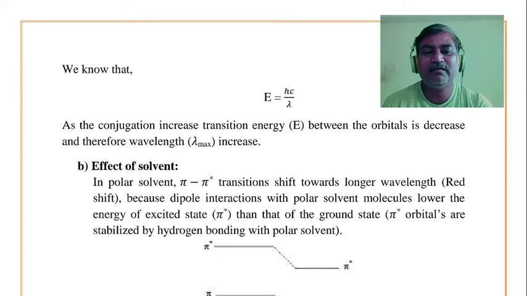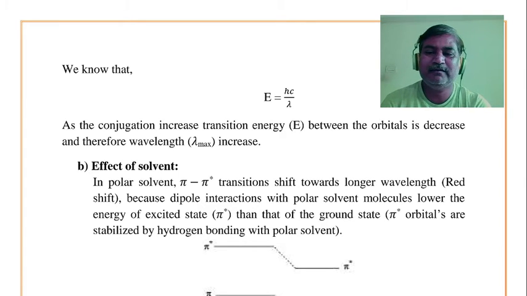Simply साधं लक्षात ठेवायचं, those transitions requiring less energy, transition energy capital E, show highest lambda max value. E and lambda max are always reciprocal of each other. Smaller the energy required for transition, highest is the lambda max value.